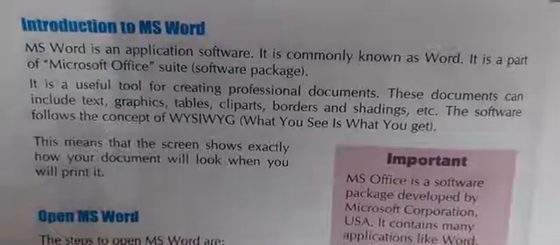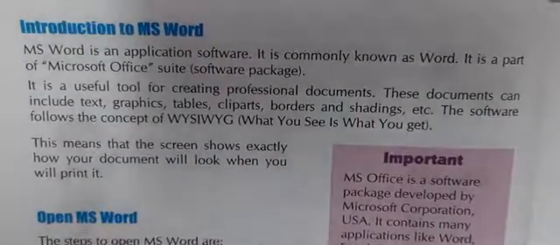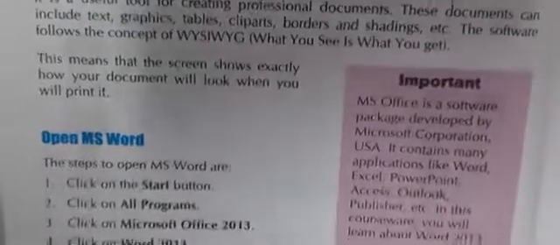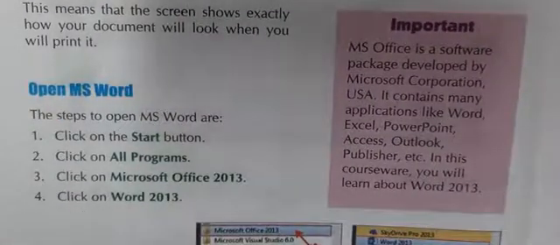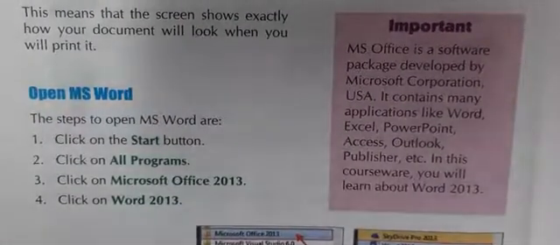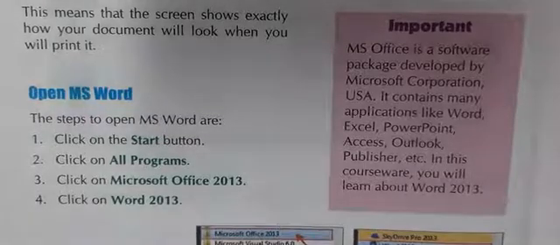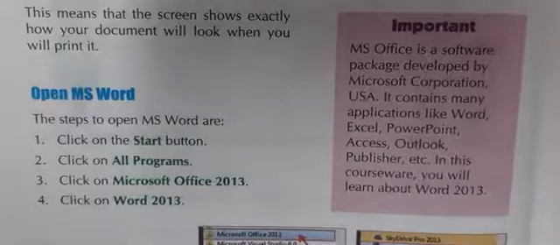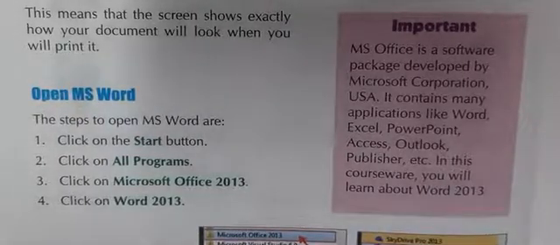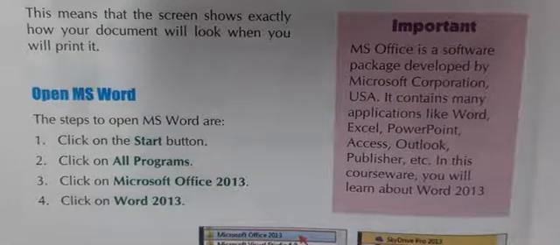So let's learn how we can open MS Word. First we will learn some important things. What is MS Office? It is a software package which is developed by Microsoft Corporation, which is situated in the USA. What is a package?